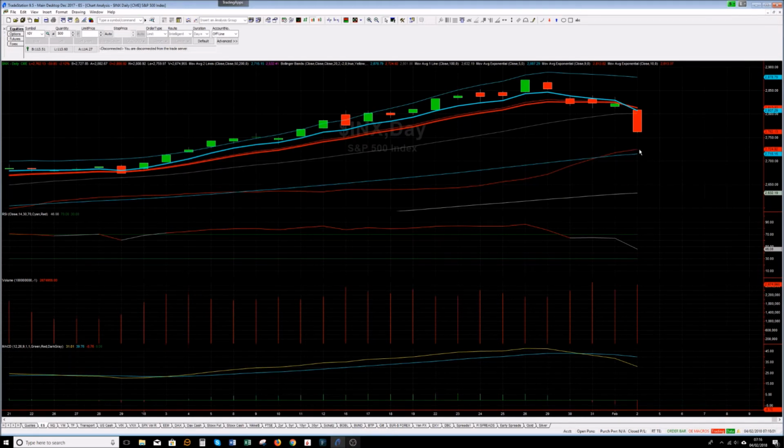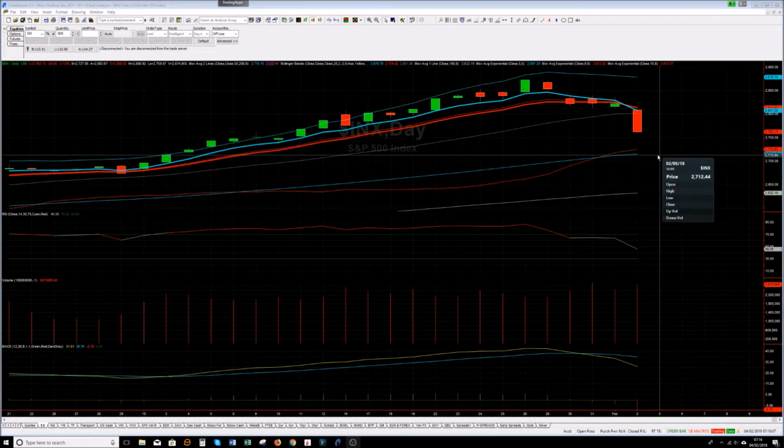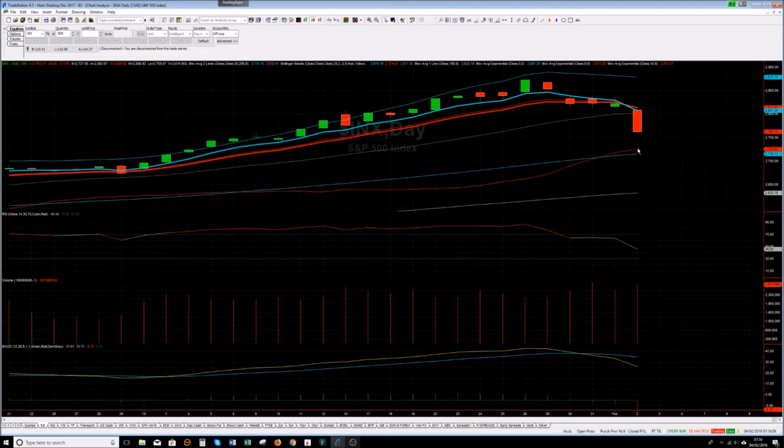We now have these moving averages coming in at 27.24, we have 27.15 underneath, coupled with all those moving averages that we saw from the monthly.